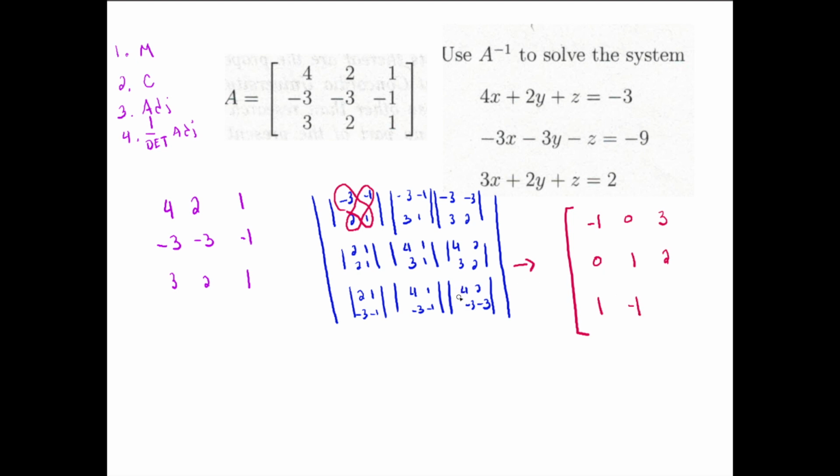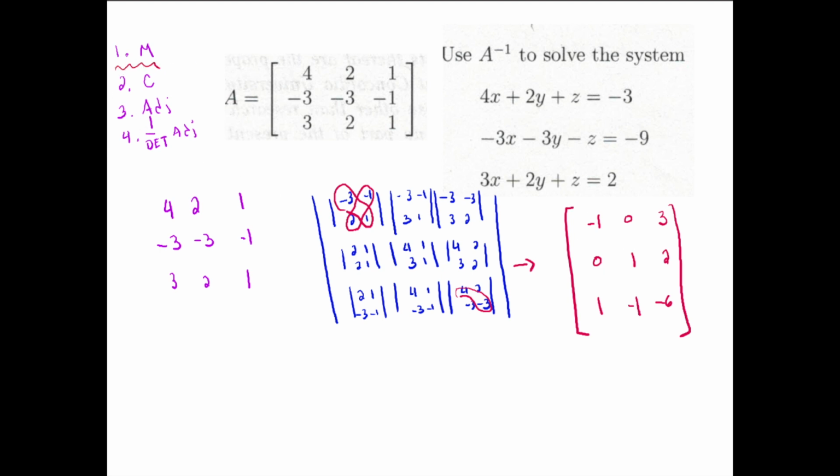Last one, 4 times negative 3 is negative 12, minus negative 6 is negative 6. So we are done with our M, because that's what this is.